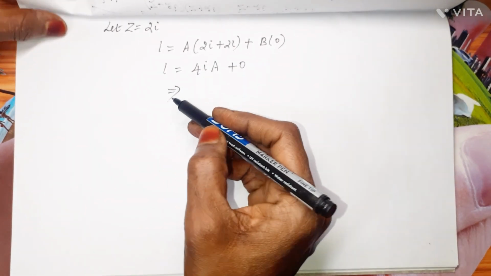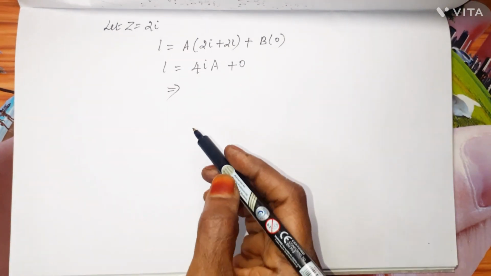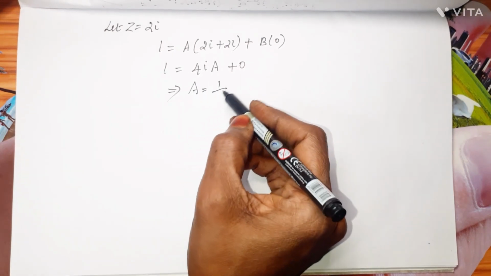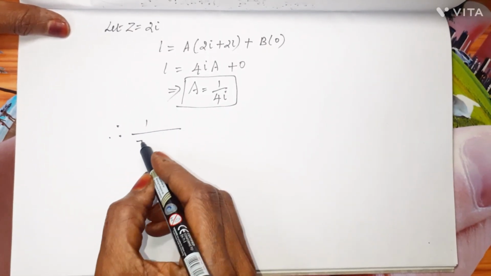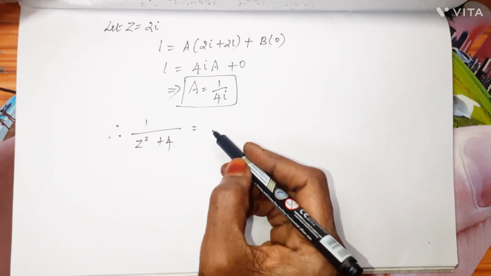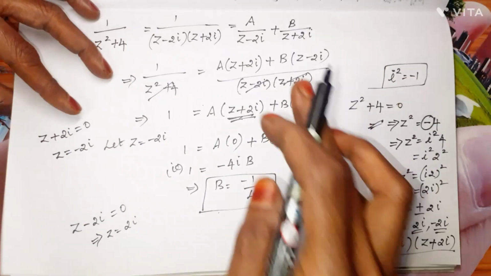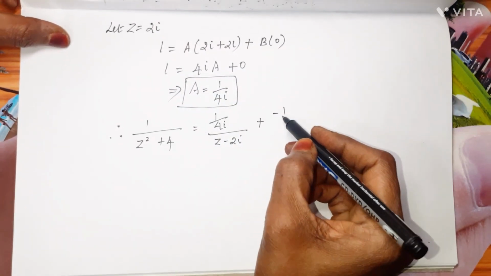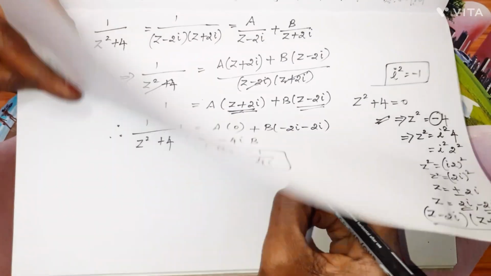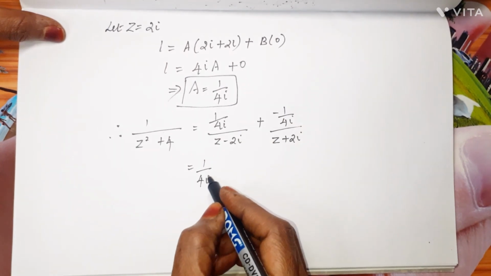Which implies a is equal to 1 by 4i. Therefore 1 by z squared plus 4 equal to a by z minus 2i, so 1 by 4i by z minus 2i plus b by z plus 2i. b is minus 1 by 4i, minus 1 by 4i by z plus 2i, which can be written as, both the terms are having 1 by 4i constant, so I can take it out.